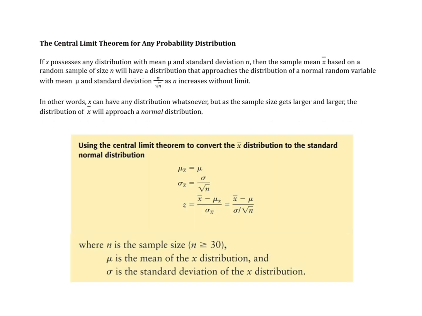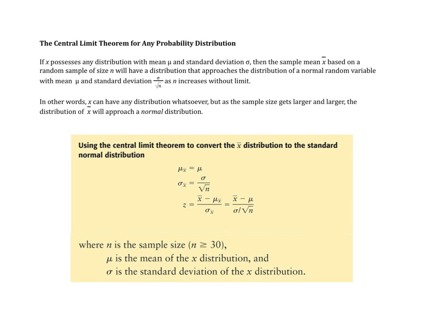Now we're not going to dig too deep into the central limit theorem, but it's good to understand what it says. If x possesses any distribution with mean mu and standard deviation sigma, then the sample mean x bar based on a random sample of size n will have a distribution that approaches the distribution of a normal random variable with mean mu and standard deviation sigma over the square root of n as n increases without limit.